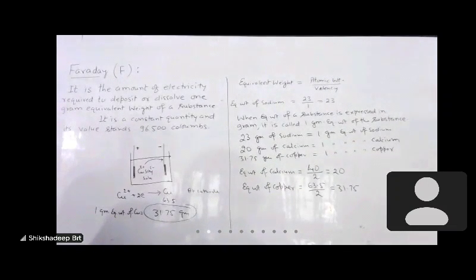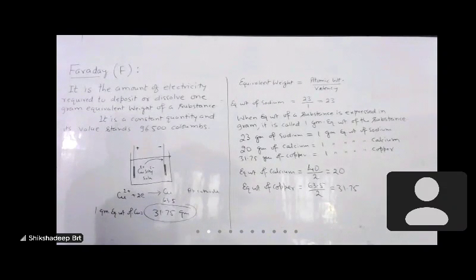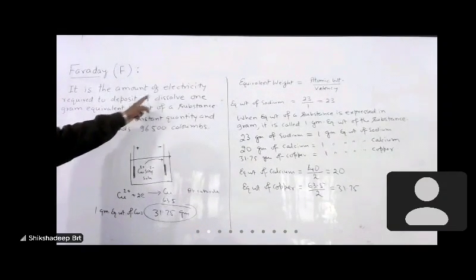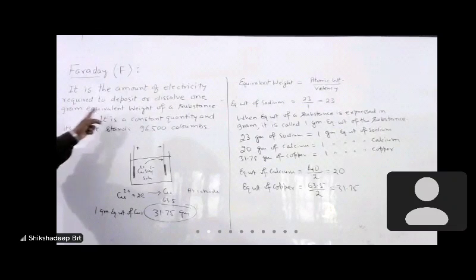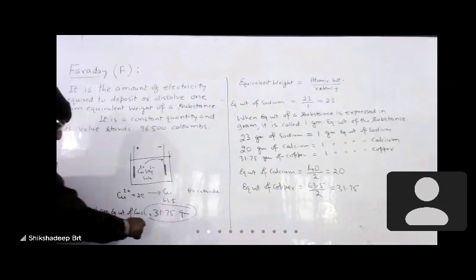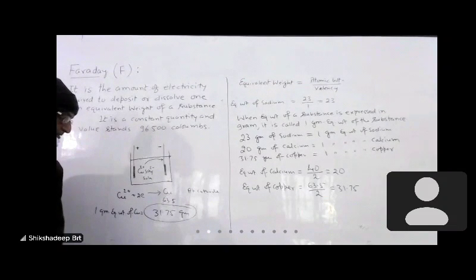96. How much electricity you need? The 96,500 coulombs. So it is the amount of electricity required to deposit or dissolve 1 gram equivalent weight of a substance. So 1 gram equivalent weight of copper is how much? 31.75.